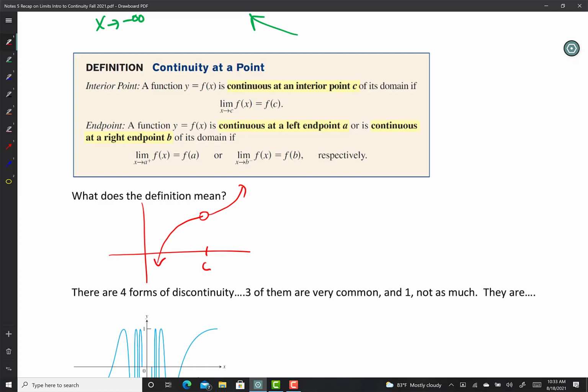Did that make sense, guys? Kind of? Okay, here's what it's trying to tell you in pictures.